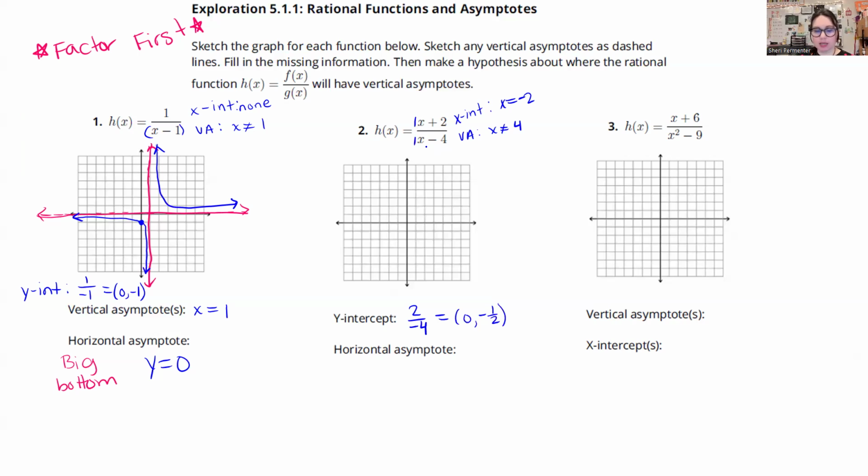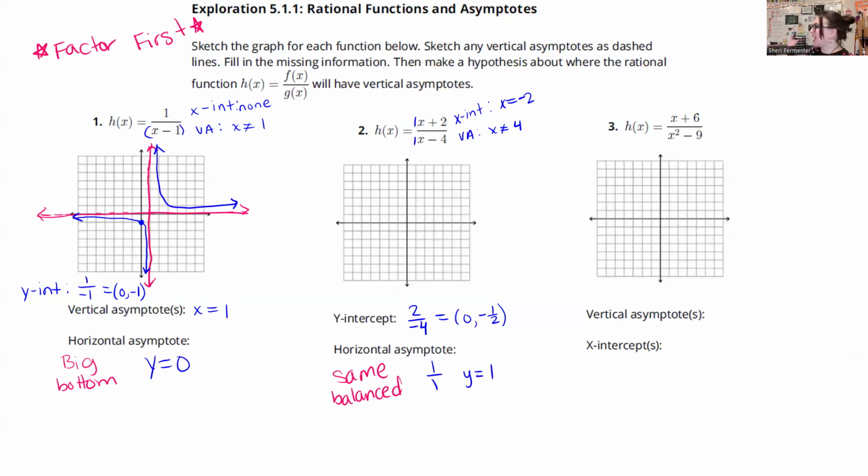So these are the same, or balanced. That's a great word. And so it will be y is equal to 1.